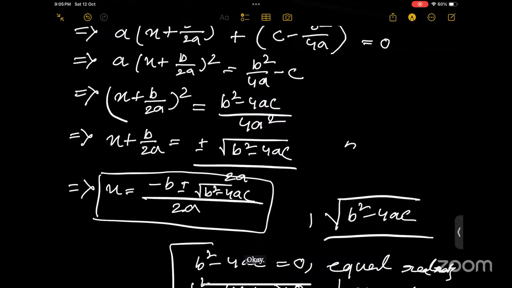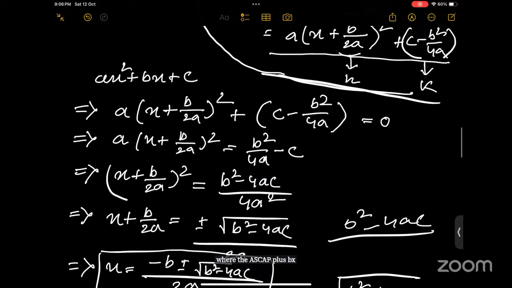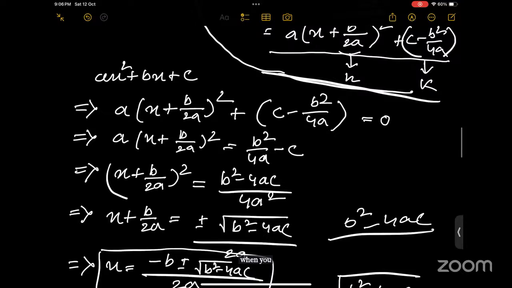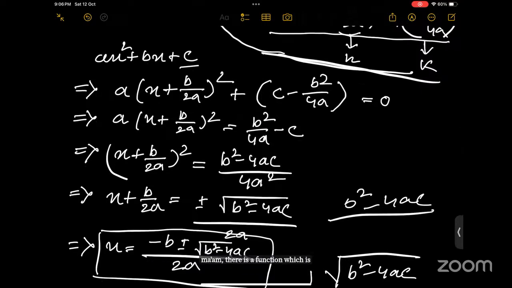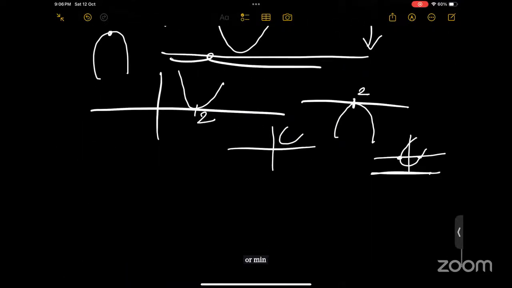If this term, minus 4ac, is negative, then we will get no real root. No, not the discriminant. He was talking about the standard form of the quadratic equation, ax squared plus bx plus c, when you put c, which is a constant, on the right hand side. I'm not able to explain the point right now, but there can be a function which is x squared plus 10x minus 24 equal to 0.